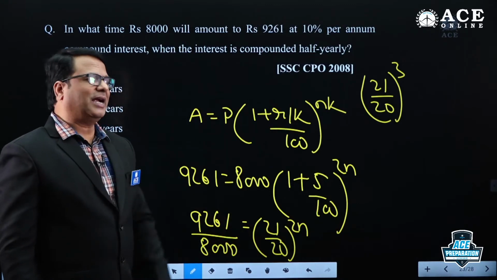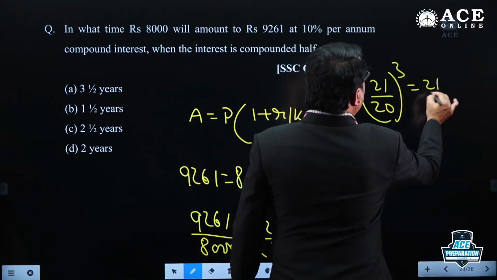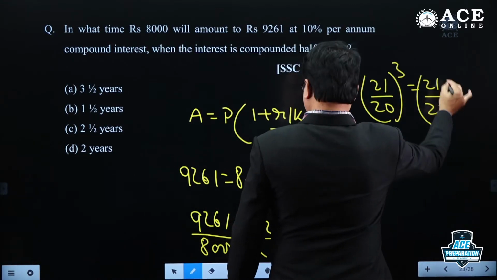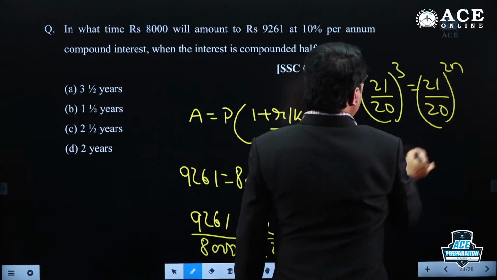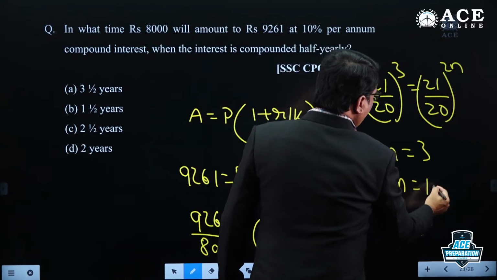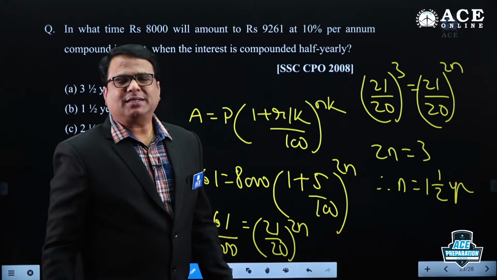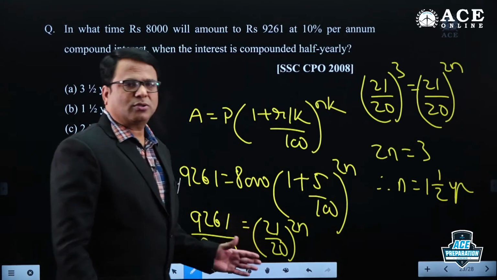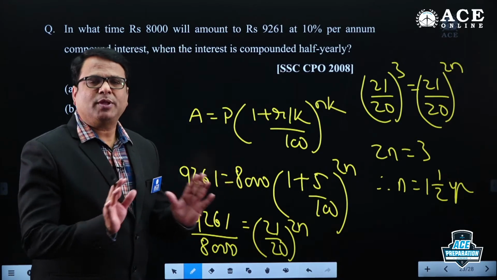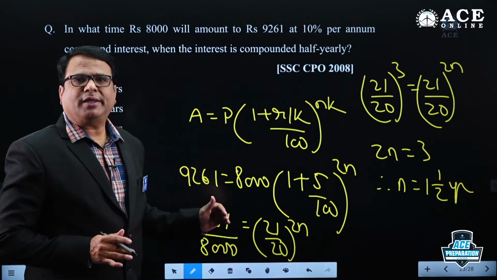That is how you should get the idea. So 21 by 20 whole cube equal to 21 by 20 whole to the power of 2n. So 2n equal to 3, therefore n equal to 1.5 years. So what is the time period? I can say the time period is 1.5 years. So same procedure as the previous problem. The only change is interest is compounded half yearly.